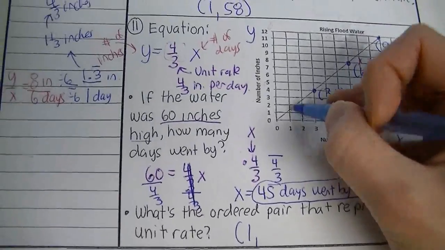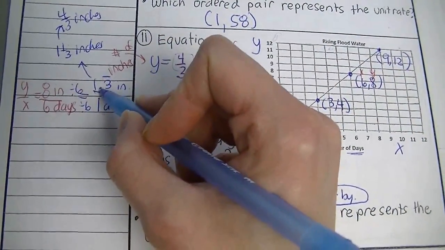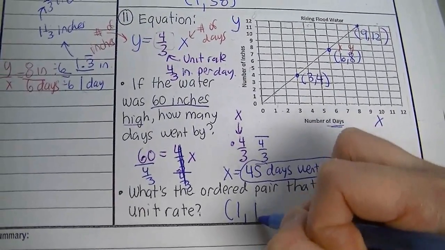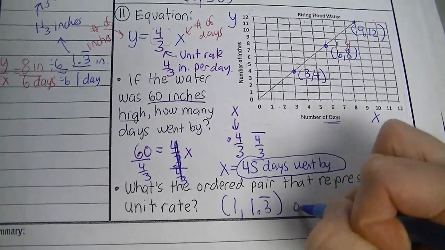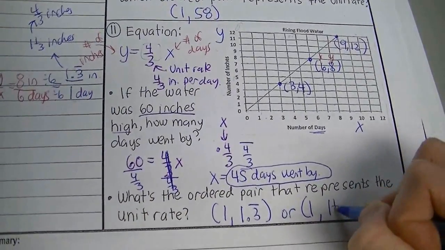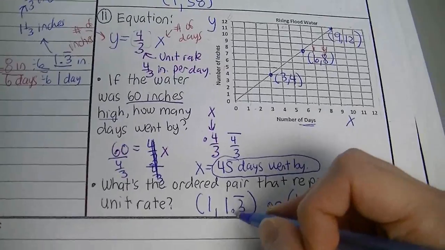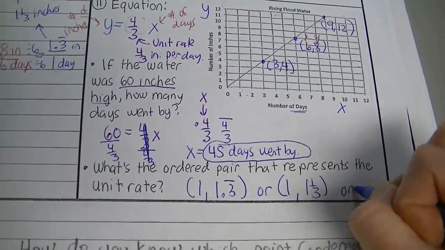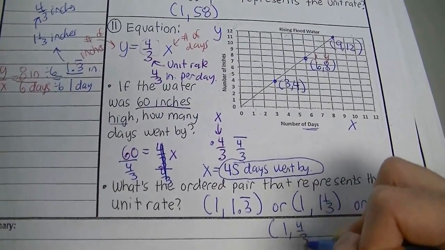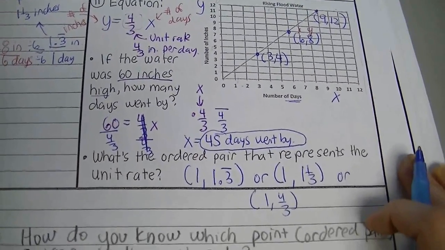When x is 1, what was y? Look at the y. It was 1 and 1.3 repeating. Or we could write it as 1 comma 1 1/3. Because remember, 1/3 is the same as 0.333 repeating. Or we can write it as an improper fraction, 1 comma 4/3. Okay, those would all be acceptable.